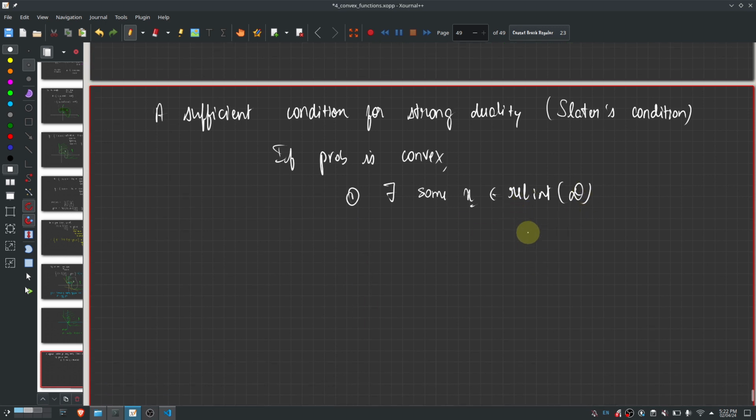So if there's some point in the relative interior which satisfies all of the inequality constraints with strict inequality, right? If this is satisfied, then the problem satisfies strong duality.